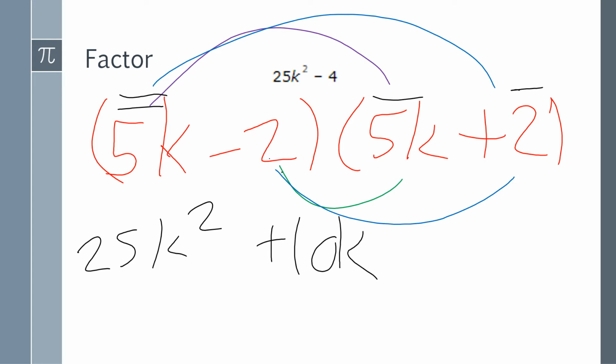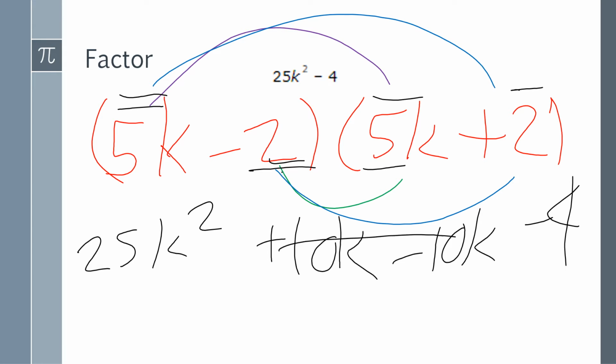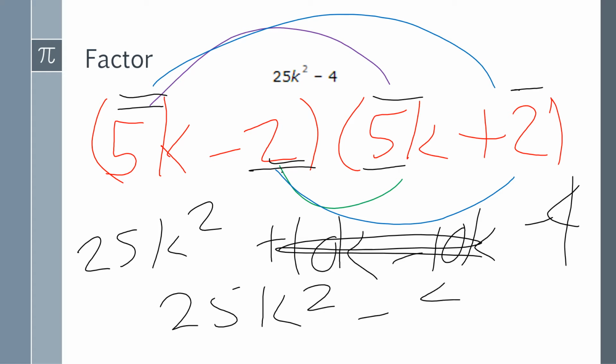And then here I get negative 10k. And here negative 2 times positive 2 is negative 4. So things cancel out. I get 25k squared minus 4. And that is really how you get what we started off with. So this is good to go.